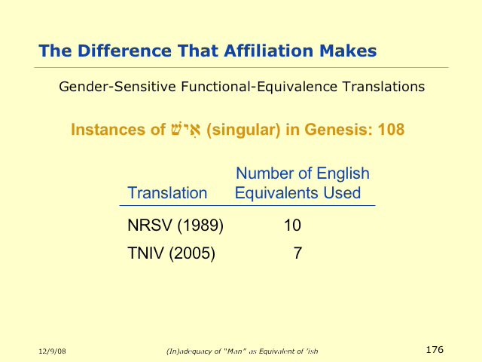To account for those instances, the NRSV and the TNIV translations employed 10 and 7 English terms as equivalents for ish, respectively. In contrast, the one published translation so far that has attempted to treat ish as a term of affiliation, CJPS, which is found in the book The Contemporary Torah, and which I worked on, employed more than twice as many contextually precise equivalents for ish.